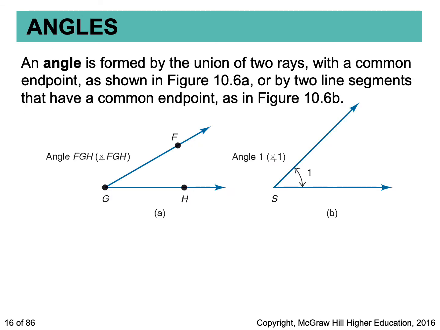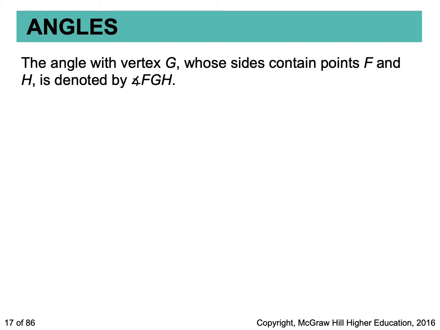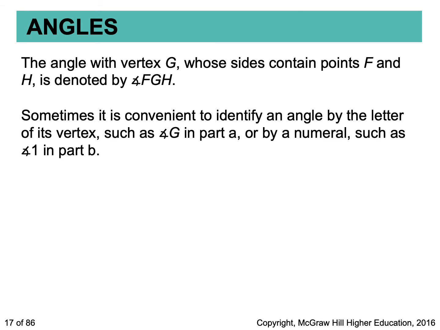When you have two rays with a common endpoint, you have angles. The rays are sides of the angle, and that endpoint that they share in common is the vertex. This is the notation that they use, and you can just write it like this.